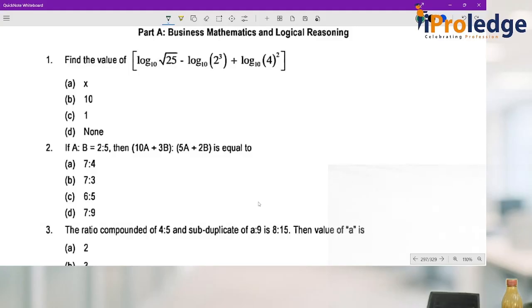That's the second one. 7 is to 4. Third one, 4. Options 4. Fourth one.